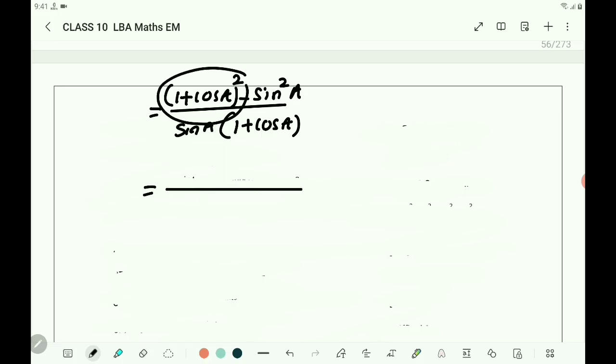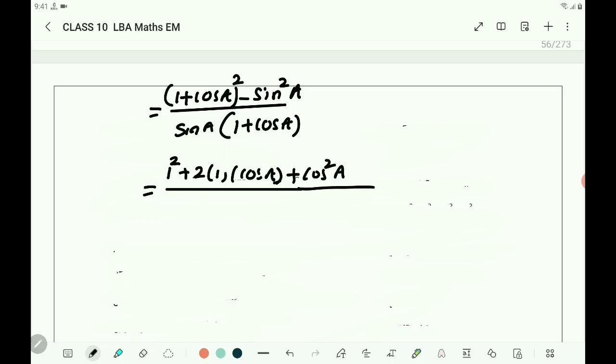Expand (1 + cos A) whole square by using the identity (A + B) whole square equals A square + 2AB + B square. A square is 1 square, plus 2AB, 2 into 1 into cos A, plus cos square A, minus sin square A, by sin A into (1 + cos A).